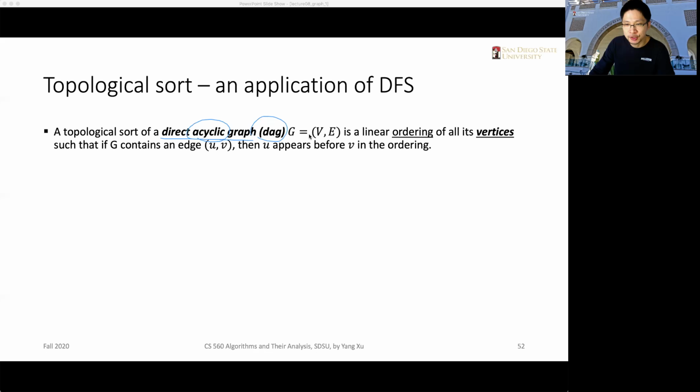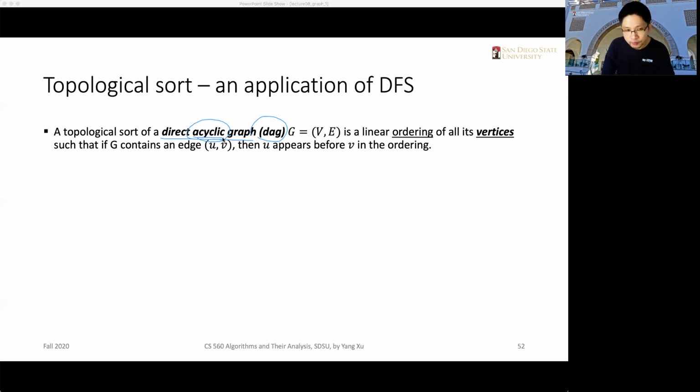An intuition for the concept of acyclic is that if you start from a vertex and follow random edges, walking randomly in the graph, no matter how you choose the edges, there's no way that you walk back to the source vertex, the starting point. If there's any path that forms a cycle, then this graph is not an acyclic graph.